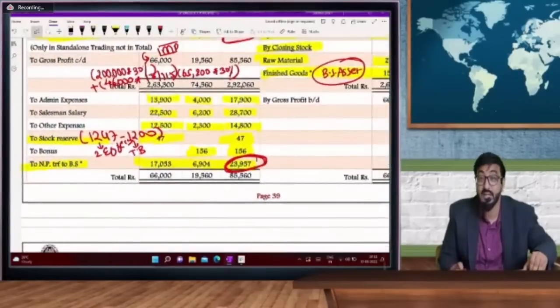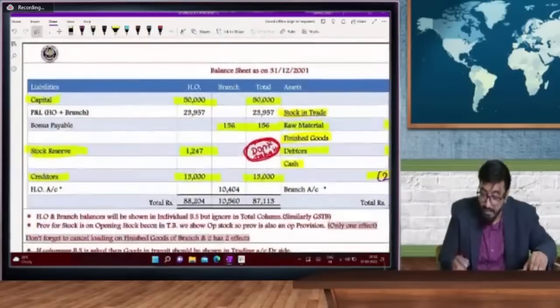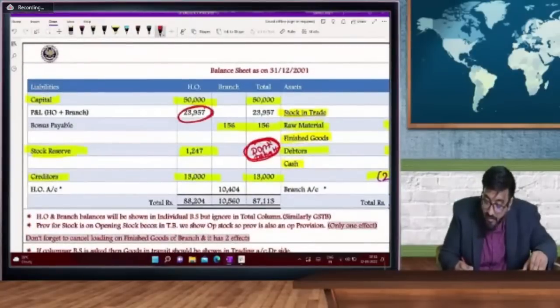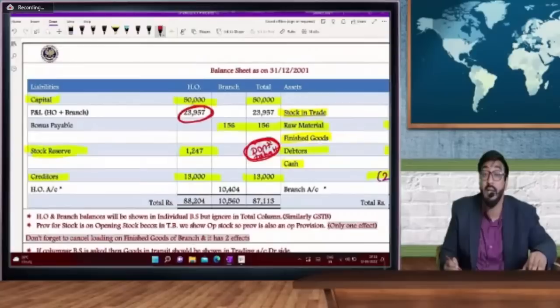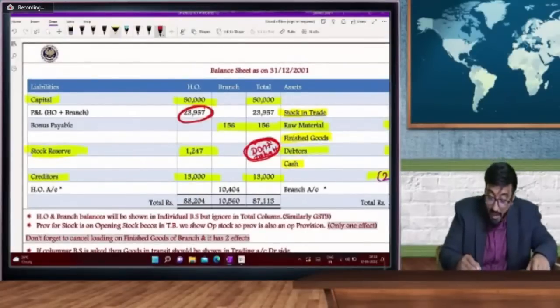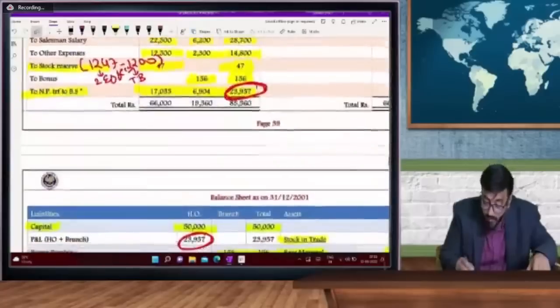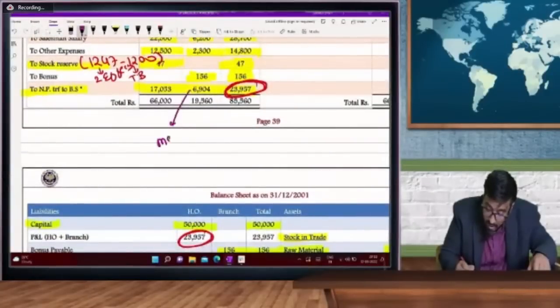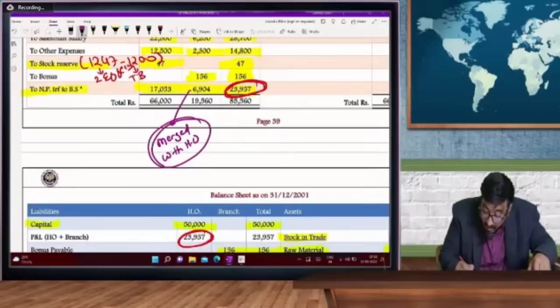23,957. This is the net profit you are getting, and this net profit we will add directly in the HO books. Don't keep it separately. So branch profit is also merged with head office profit. Okay, so this is our aim.